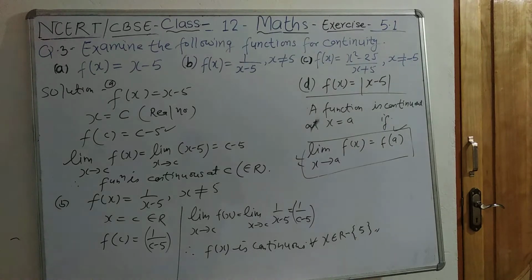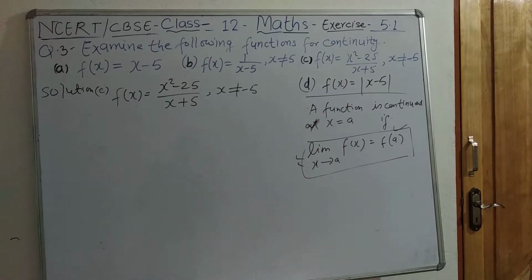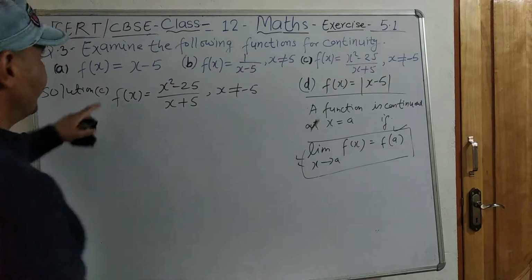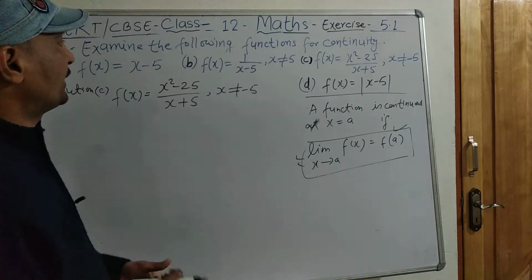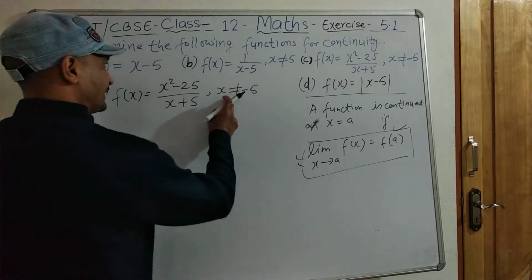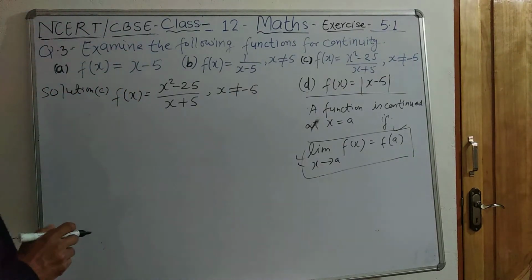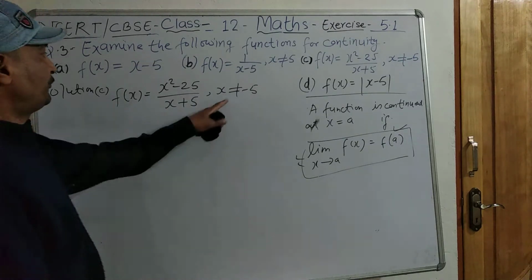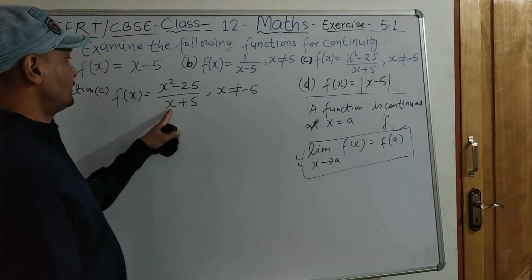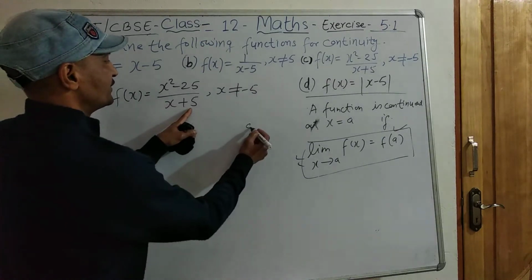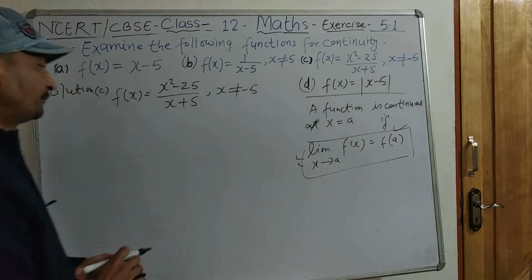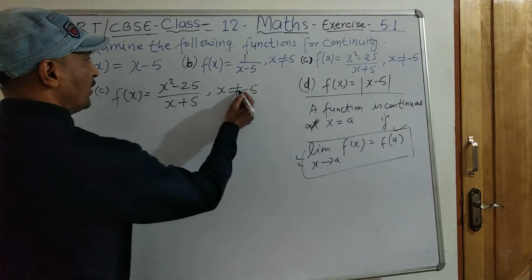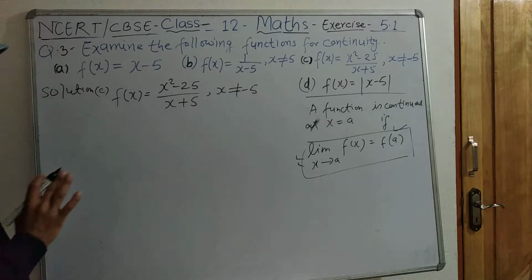Now we see part C. This part C function is f(x) is equal to x square minus 25 by x plus 5, and the condition here is x doesn't equal minus 5. Why does this happen? If we put minus 5, it becomes minus 5 plus 5, that becomes 0. That means it is not defined, so for the value minus 5 it is not defined.